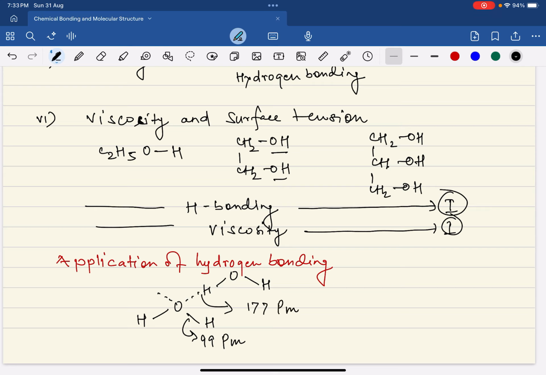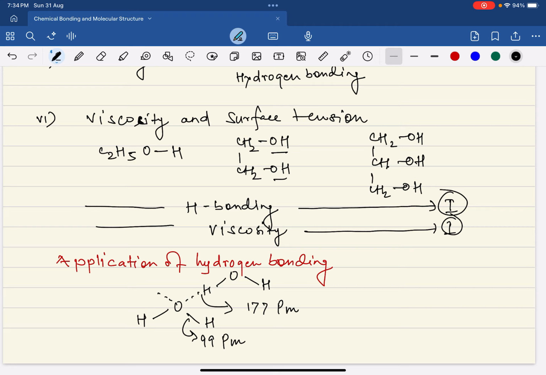So due to formation of new hydrogen bonds in ice, they form a cage-like structure and are attached tetrahedrally. When the number of hydrogen bonds increases, volume of ice increases, and we know that density equals mass upon volume. So when volume increases, density decreases.